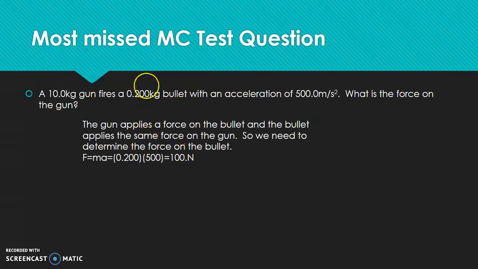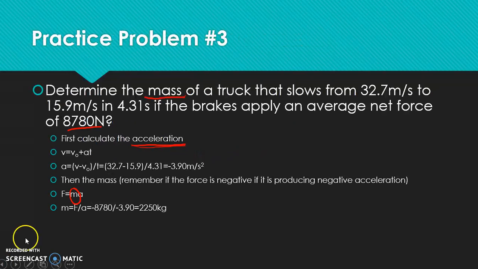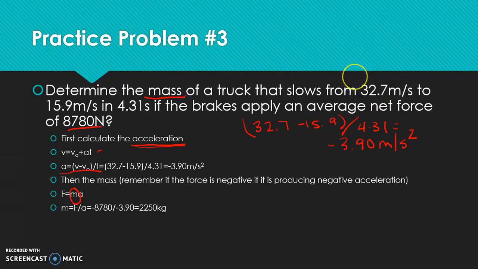In order to do that, we have to use this formula, V equals V naught plus A times T. Rewrite it to solve for A and plug in 15.9 minus 32.7, and then you're going to divide that by 4.31, which is time, and you should get negative 3.90 meters per second squared.